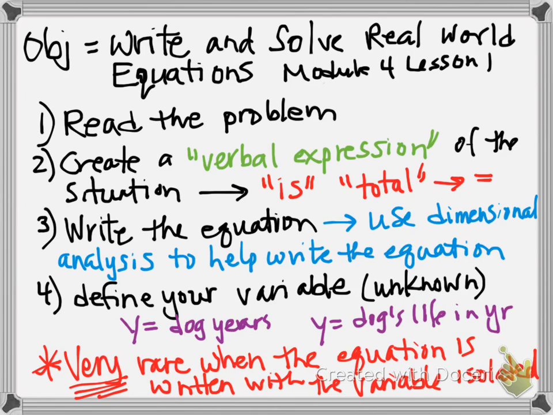Honestly, in the green algebra book, one equation in the entire book that the translation for that word problem had the variable by itself. Every other equation had math being done to the unknown to get to an answer. It was one entire equation.